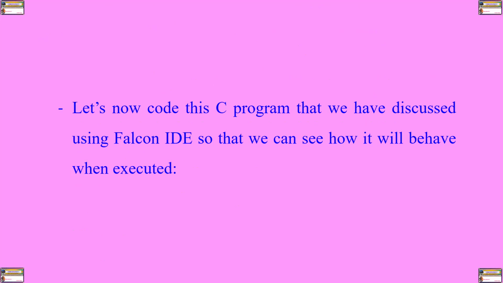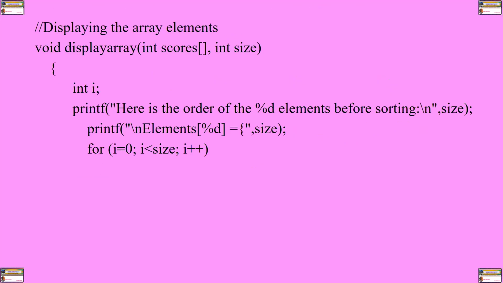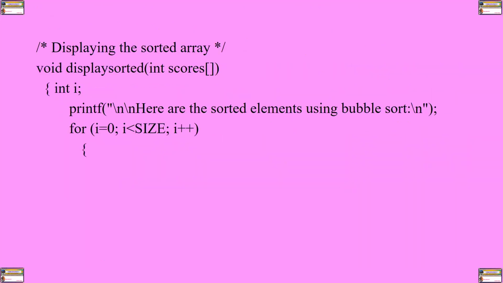The program that we are going to code is not the one which is doing the initialization through the code, but the one which is prompting the user to enter values on the screen, or to key in the values to be sorted, and the sorting is done. However, you can also code this program yourself so that you can see how it will behave.